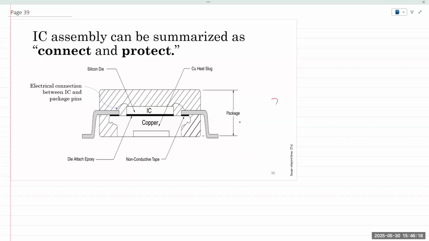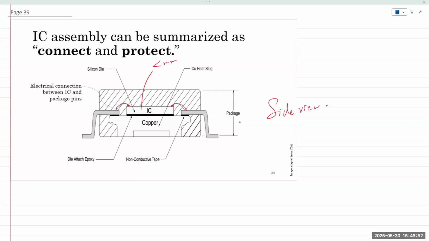So again, this is a side view of a microchip. We take this chip, which is less than millimeters in size, and the top of this chip has some sort of small pad. We use these pads to make external connections right there onto that pin.